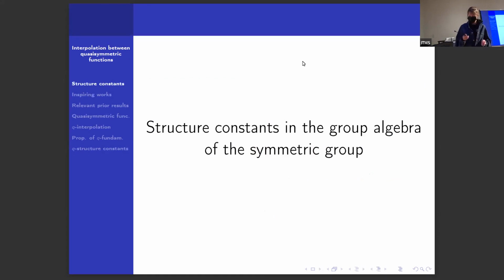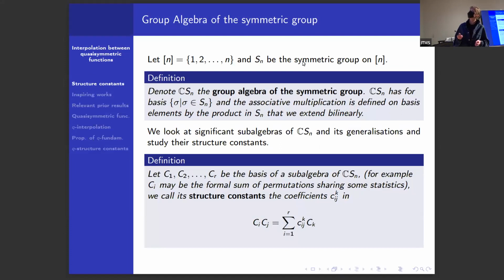First, let us define what we mean by structure constants. The basic idea is that we can view the symmetric group as an algebra by taking the multiplication as usual composition between permutations and extending it bilinearly.